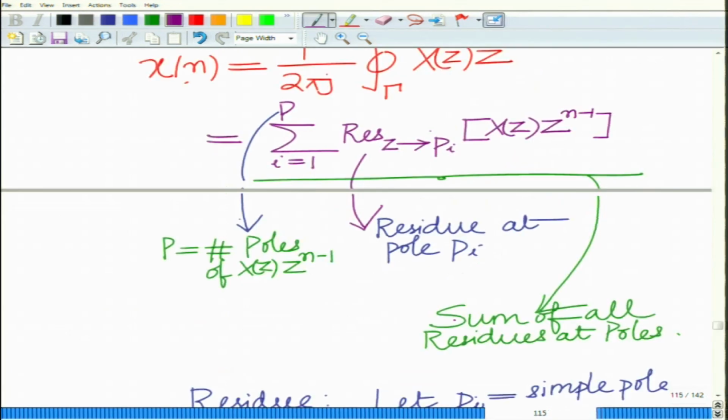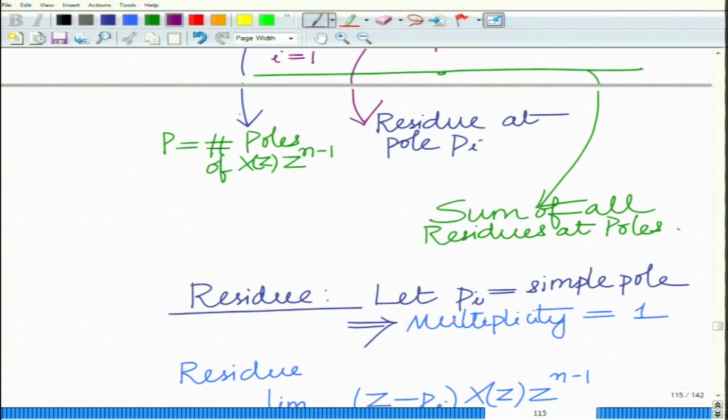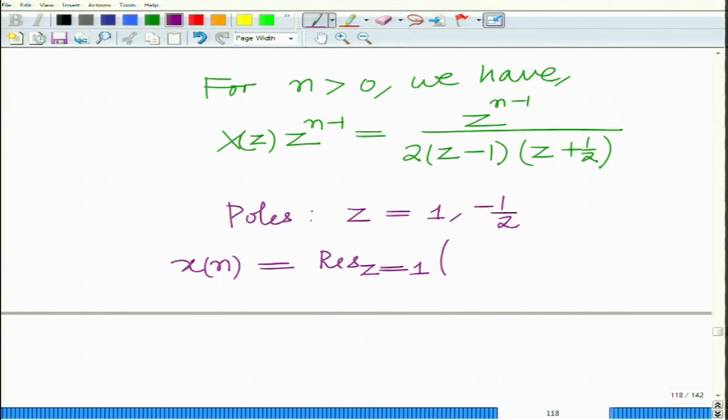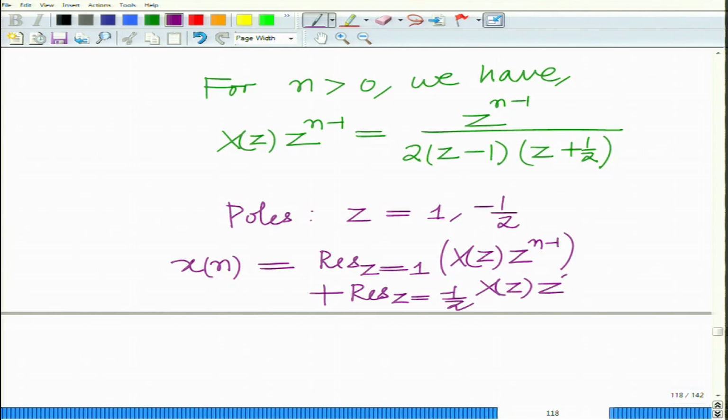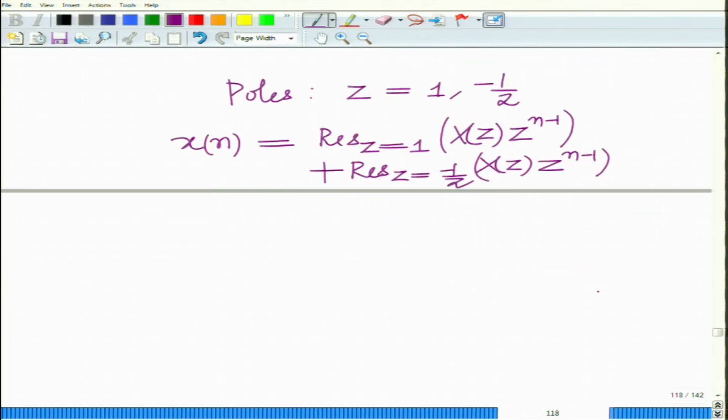So, we have the sum of the residue evaluated at z equal to 1 of X(z) into z raised to n minus 1, plus the residue evaluated at z equal to minus half of X(z) into z raised to n minus 1.